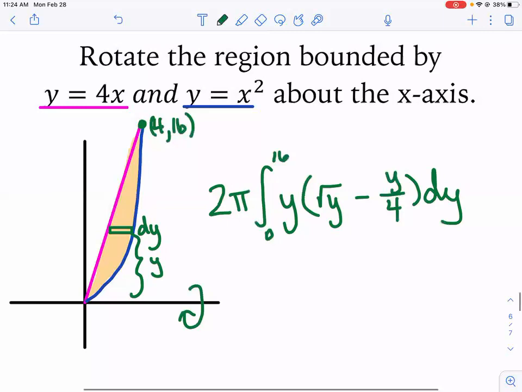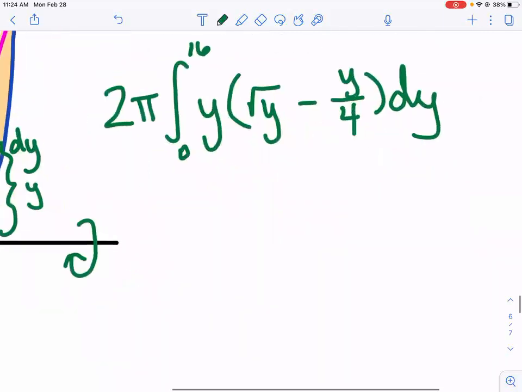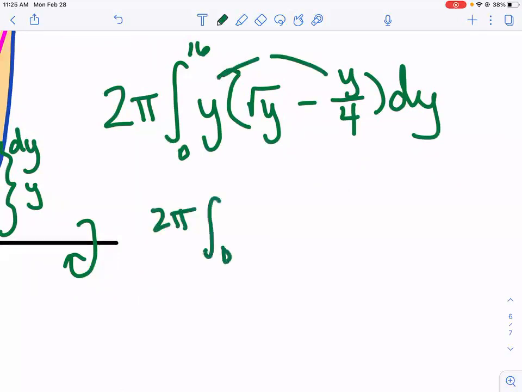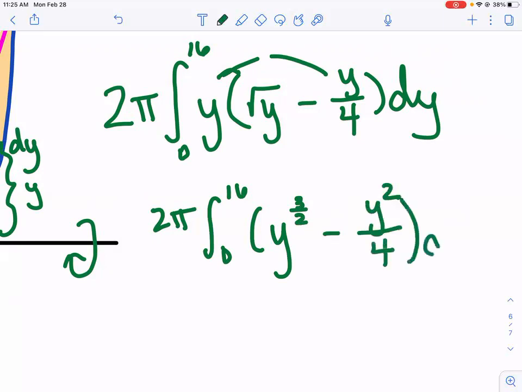Now, the shell method definitely gives us a better opportunity to do these by hand because there's nothing like squared, right? So we have 2 pi integral from 0 to 16 of y to the 3/2 minus y squared over 4.